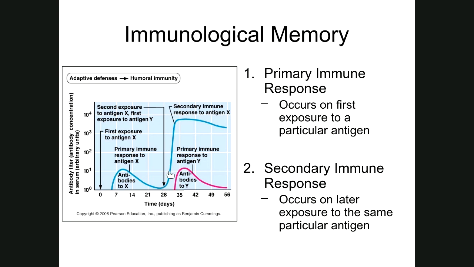You'll also notice that the antibody levels are much higher with a secondary response, and they stay high for much longer with a secondary response. So basically, with the secondary response, it's happening faster and it's happening much, much more intensely than what we would see with a primary response.